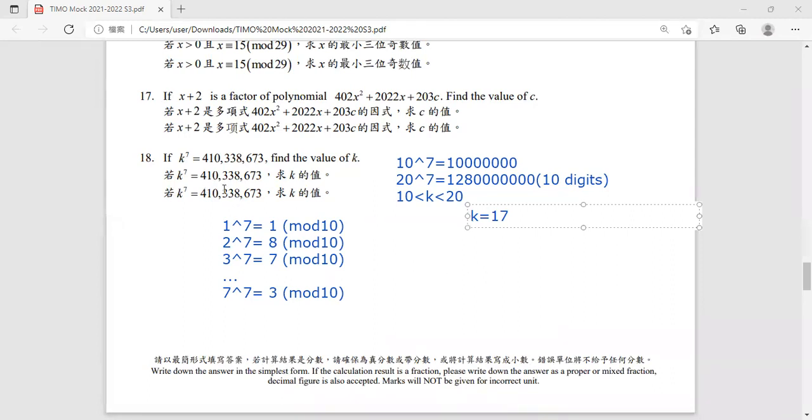If there is a three-digit number, but in the competition, the number will not be so large. But you can do it yourself, because you will know that the number is larger than this one. So you check yourself.